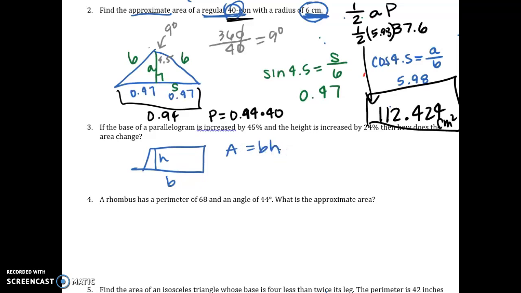So then if I think about percentages for a minute, which is flashing back to Algebra 1, I'm taking the base and I'm multiplying it by 0.45. And then I'm taking the height and multiplying it by 0.24.